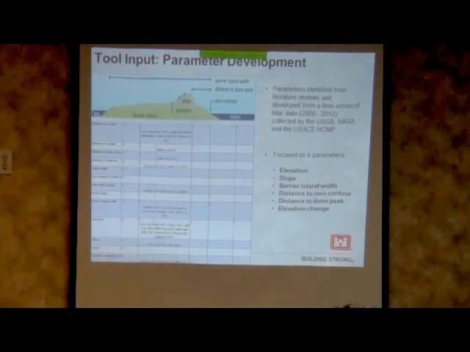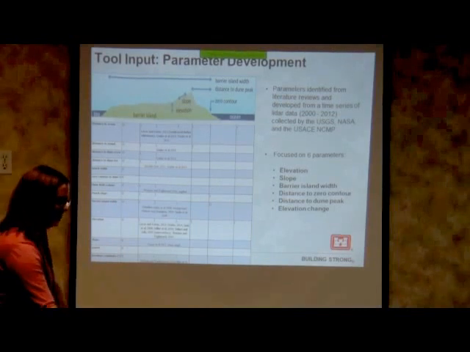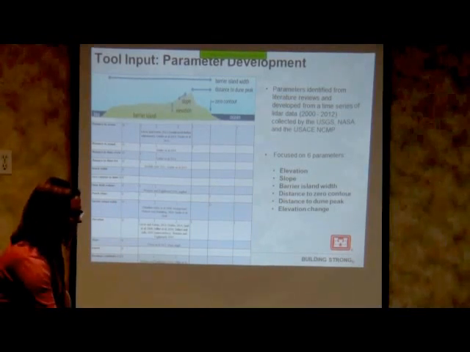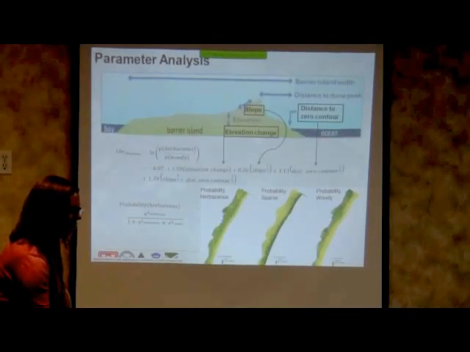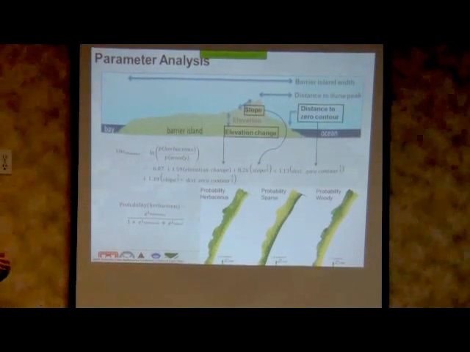So this is an example of the parameters that we're looking at for this particular project. We have a Barrier Islands situation where we're looking at the width, the distance to the dune peak, slope, elevation, and our zero contour. And we've looked at the literature to understand the relationships of that to different vegetation types.